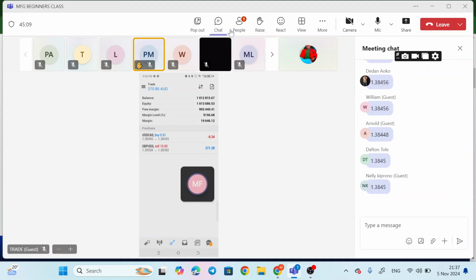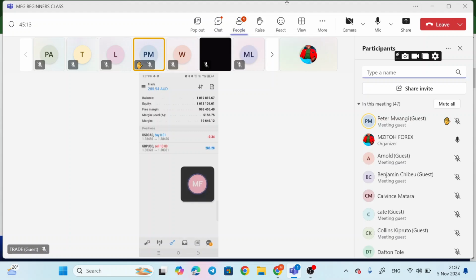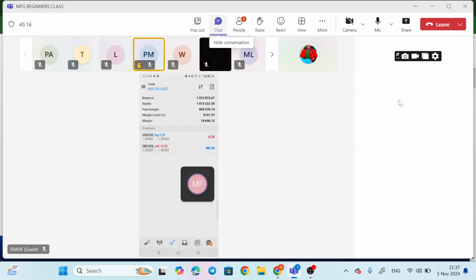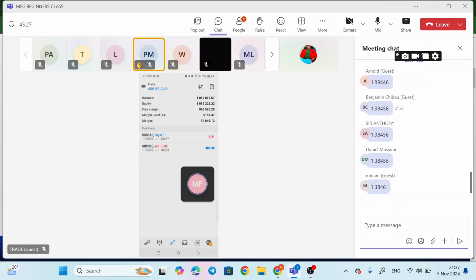We are about 50 people. So give your answers down there. Where have you entered that market? Where is your entry point? Benjamin, 13856, 38456. Okay, Miriam has got it right.